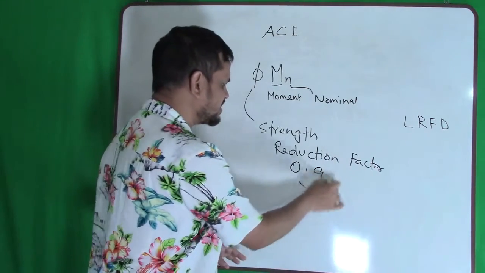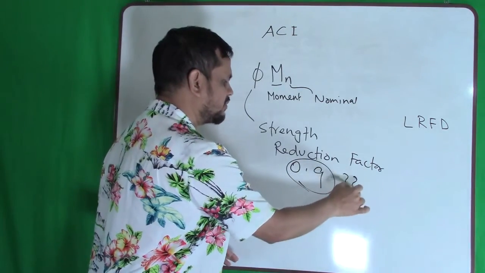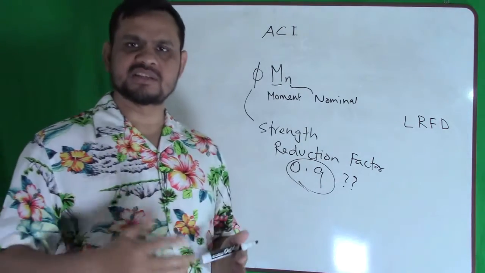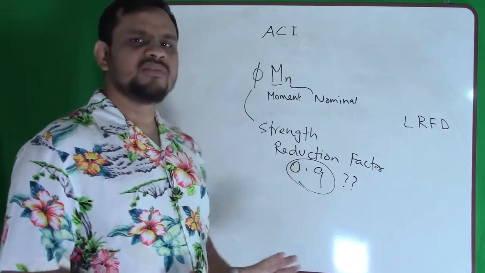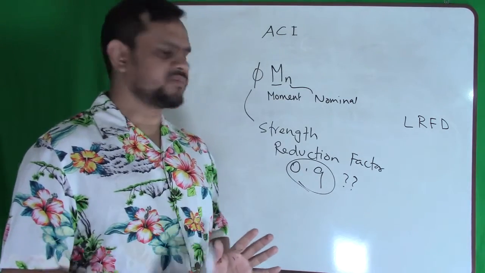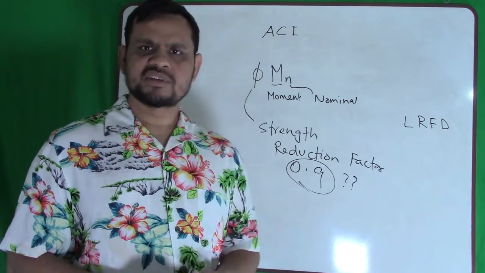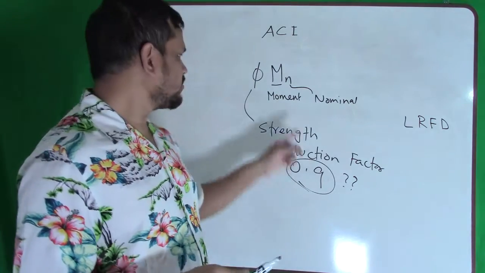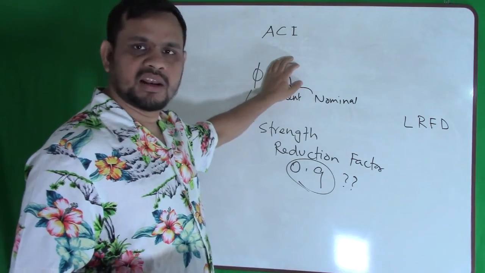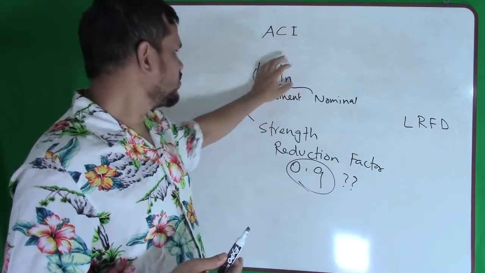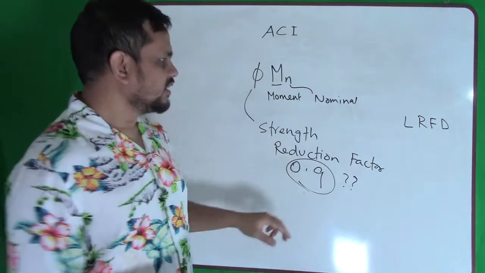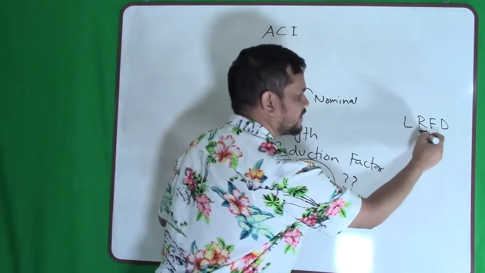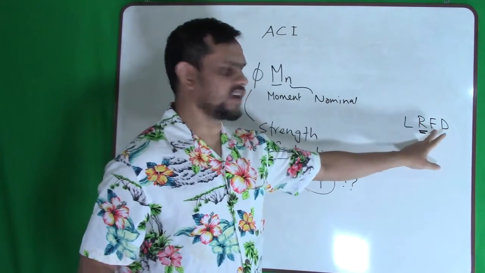But do not memorize this number, because this number changes. We will discuss it in our next video. But roughly 0.9, say for moment. That means whatever the capacity of a member for moment, the nominal capacity or nominal strength, we multiply by a factor. Okay, this is one way. So you can see here the resistance factor.